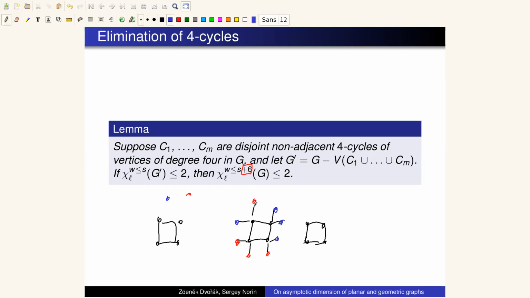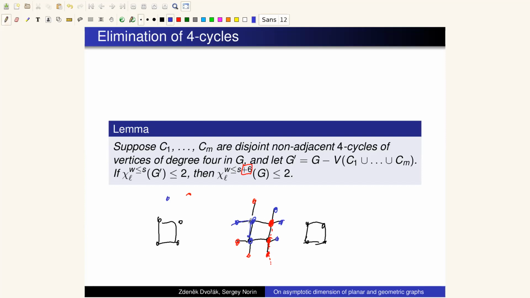But if the neighborhood looks like this, you could color these 2 vertices blue and these 2 vertices red, and you see that from this red component you only got here and increased its diameter by at most 2, and in the blue one you get here like this.